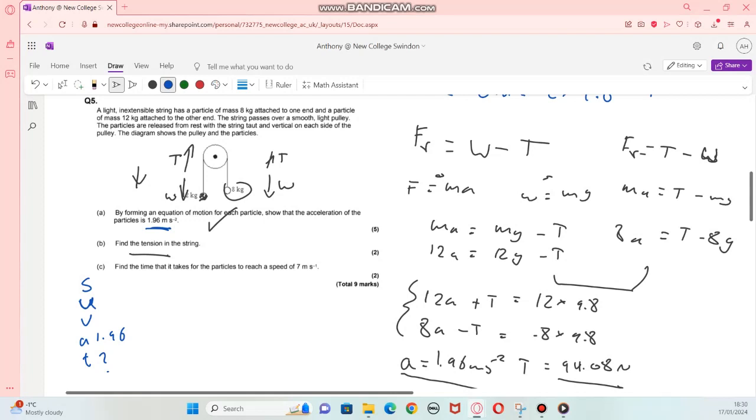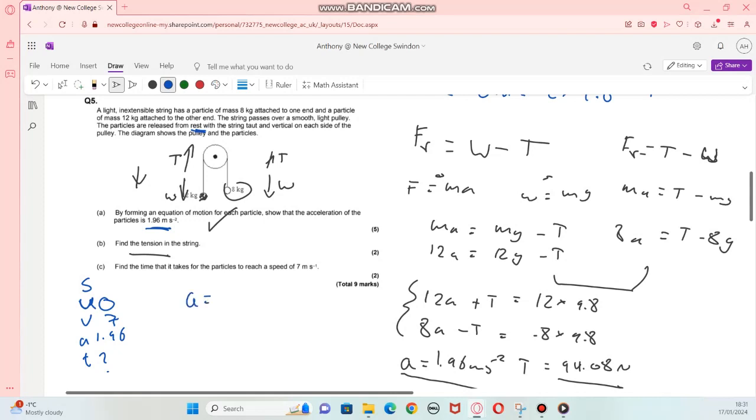And we want to find it at speed 7 meters per second, so our final velocity will be 7. And since the particle is initially at rest, our initial velocity will be 0. You can use your formula booklet to find which equation suits best.